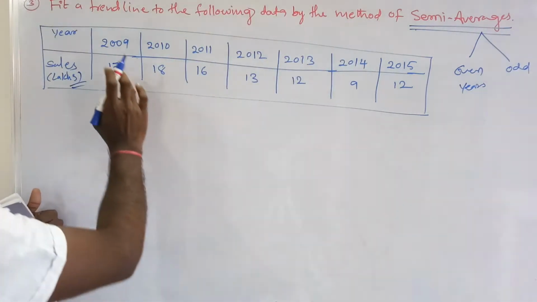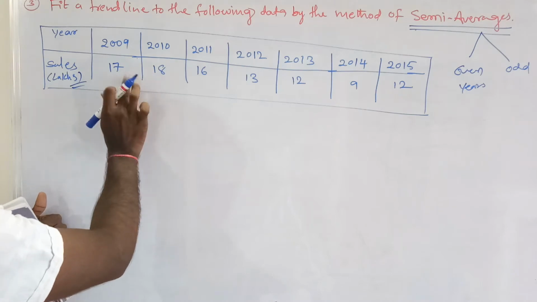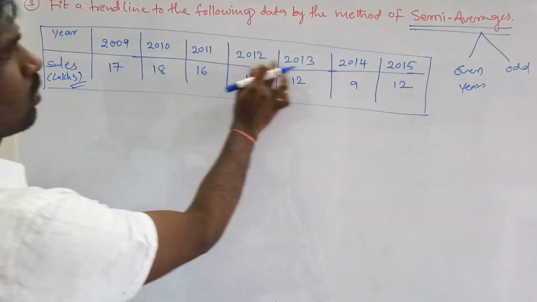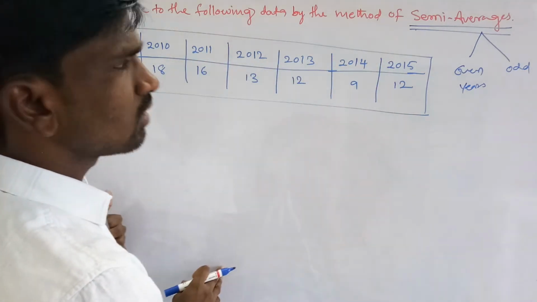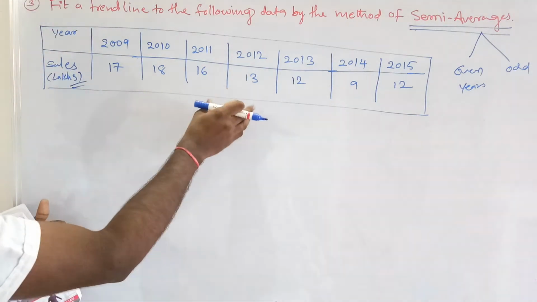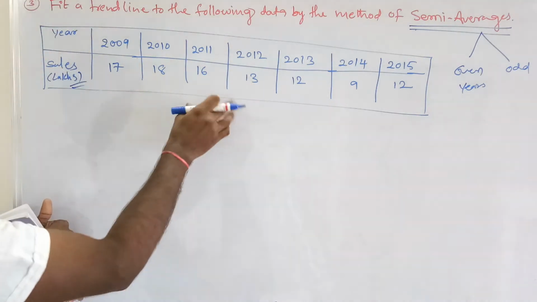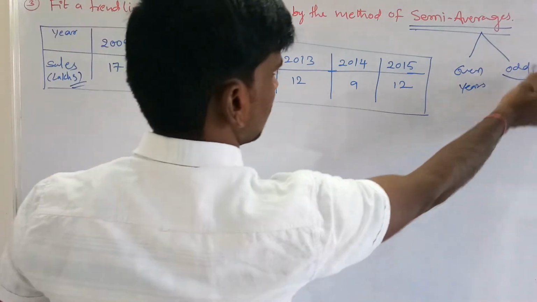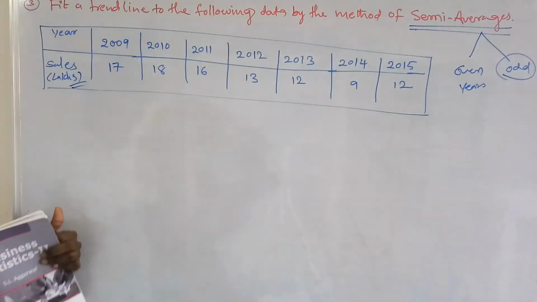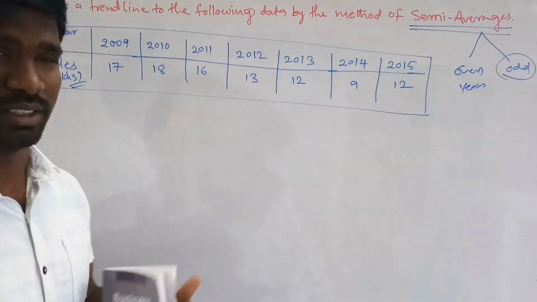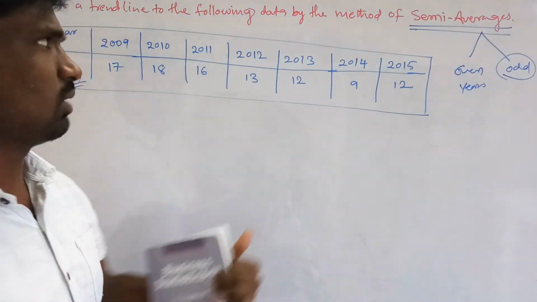Look at this question: 1, 2, 3, 4, 5, 6, 7. Here 7 years of data is there in the question. So this belongs to the odd number of years. If we have an odd number of years in the question, then it is easy to divide the data into two equal parts.